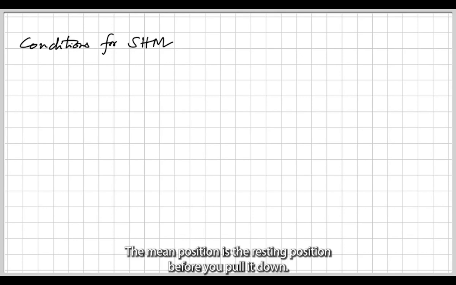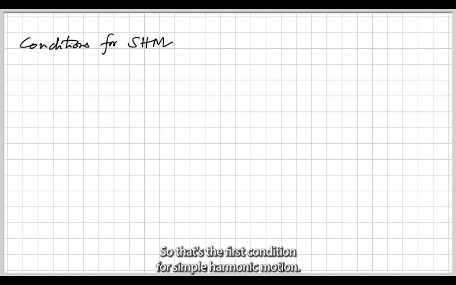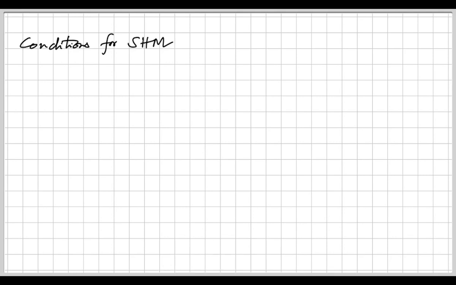If you study the motion of the mass, you see that the acceleration of the mass is always towards the mean position. The mean position is the resting position before you pulled it down. So that's the first condition for simple harmonic motion.